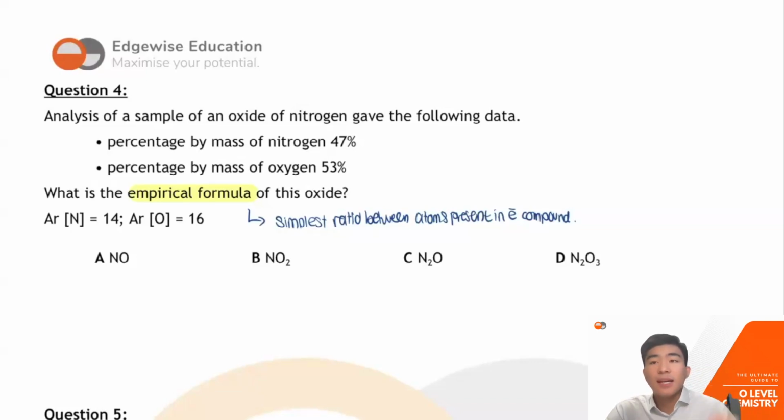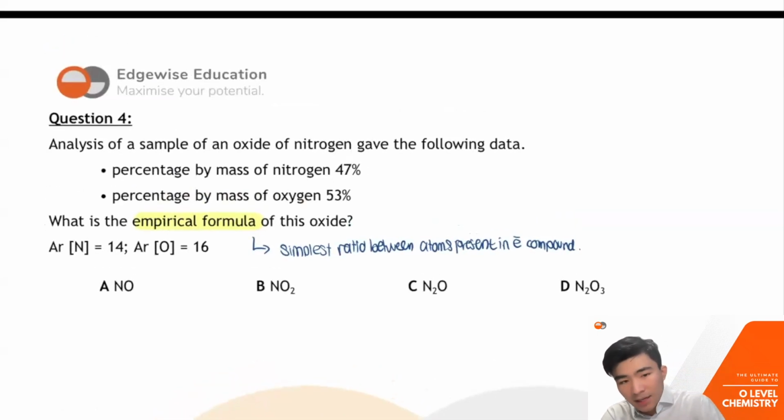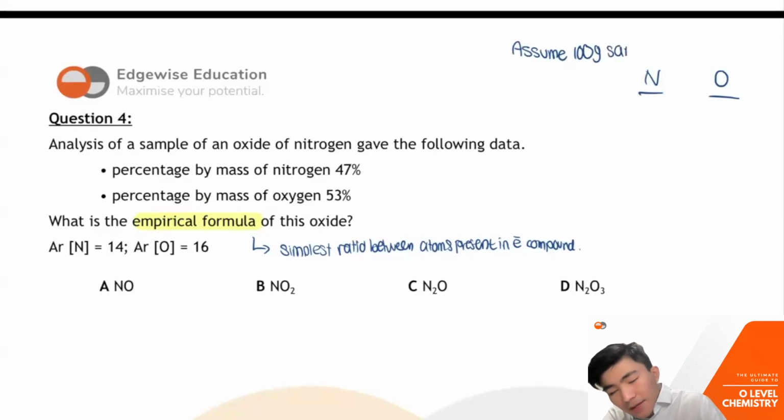Whenever we are doing an empirical formula question, you will always come up with a table. I have nitrogen, I have oxygen. The first statement you will write is assume a 100-gram sample. That means the mass is going to be 47 grams and 53 grams.